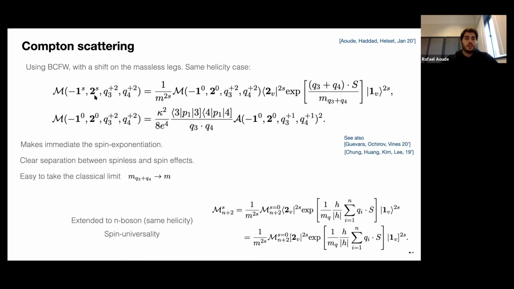This is the amplitude of two heavy particles with general spin S and two gravitons with positive helicity. If you use BCFW, in this same helicity case, what you can see in the four-point amplitudes is that you obtain a spinless term and a spin factor here. So this is again a clear separation between the spinless and the spin factor.